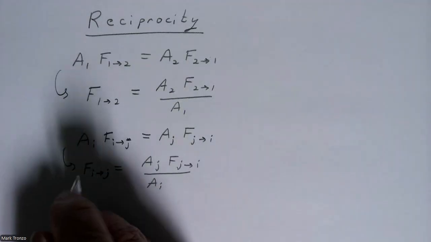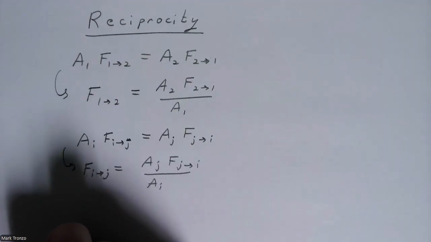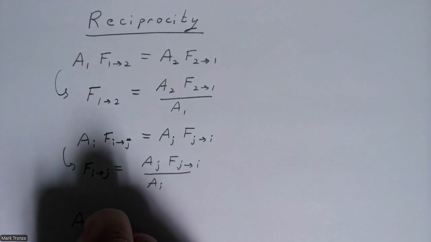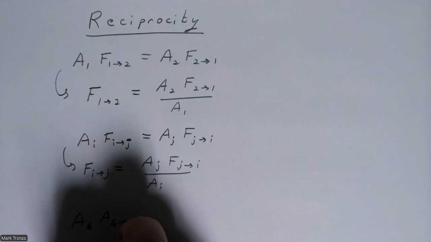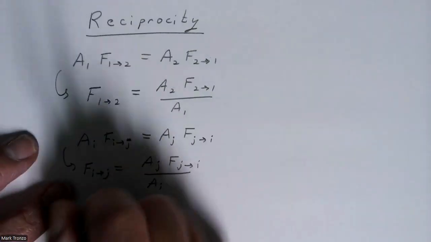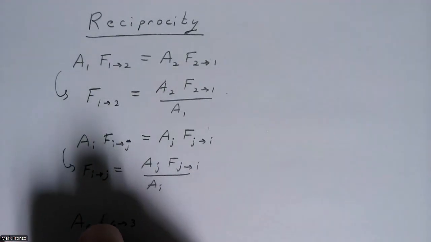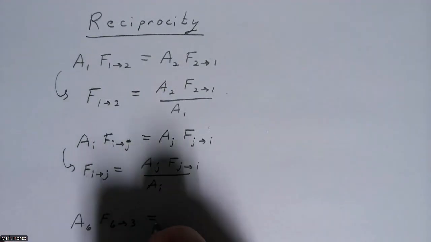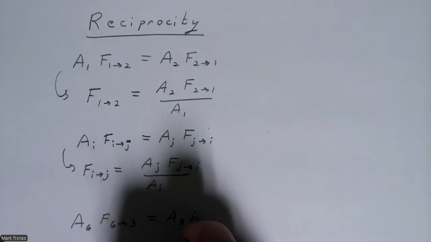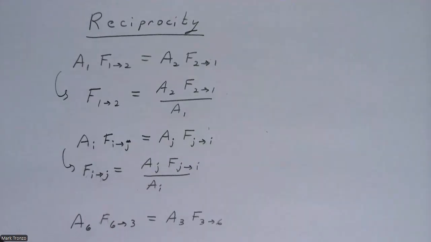Again, like I said, for another example, let's say if you have A6 F6 to 3, that's going to be equal to A3 F3 to 6.